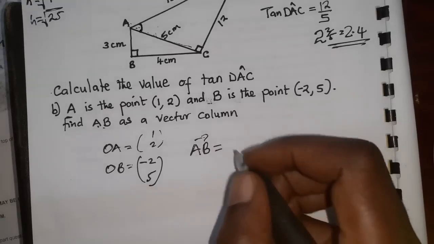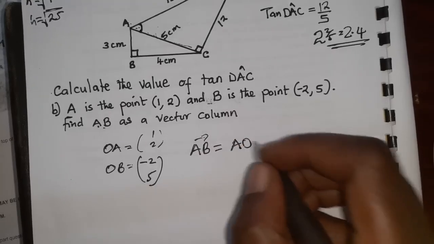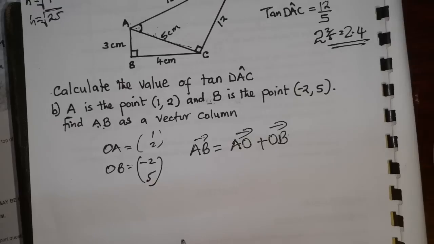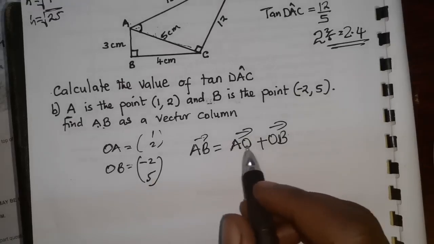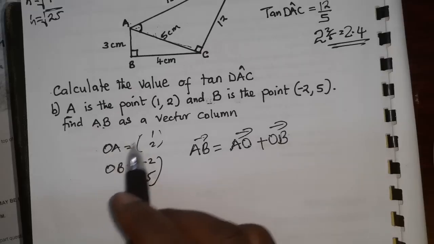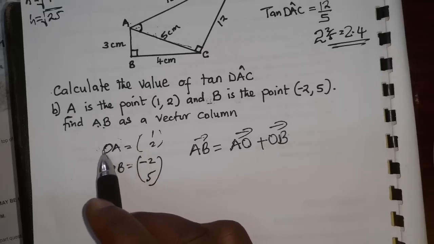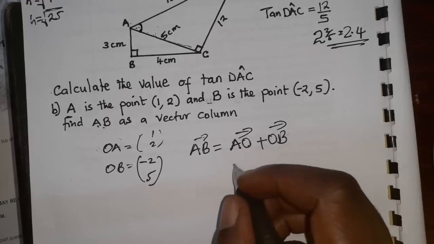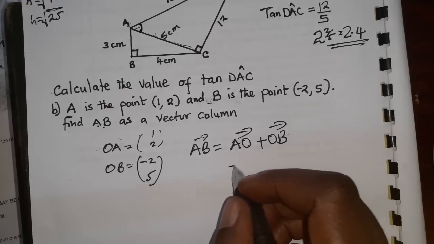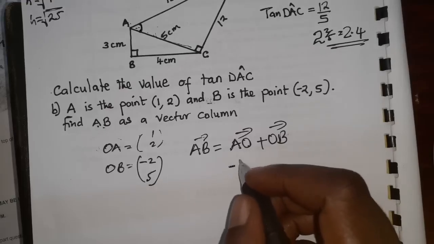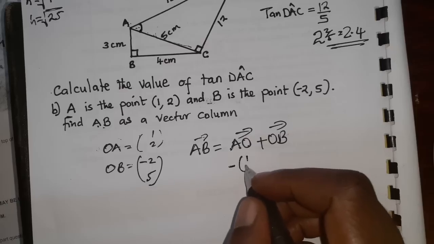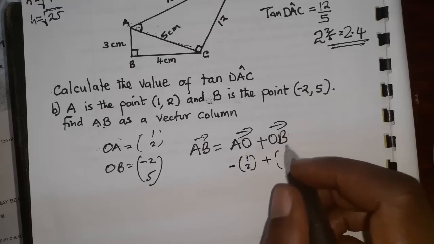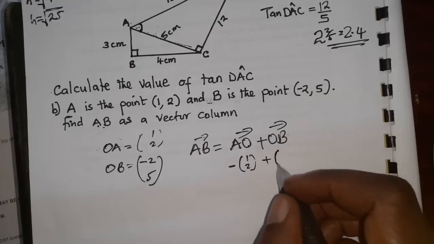So AO is going to be the opposite of this one. If this is OA, then for AO we put a negative to this, plus OB will be as it is.